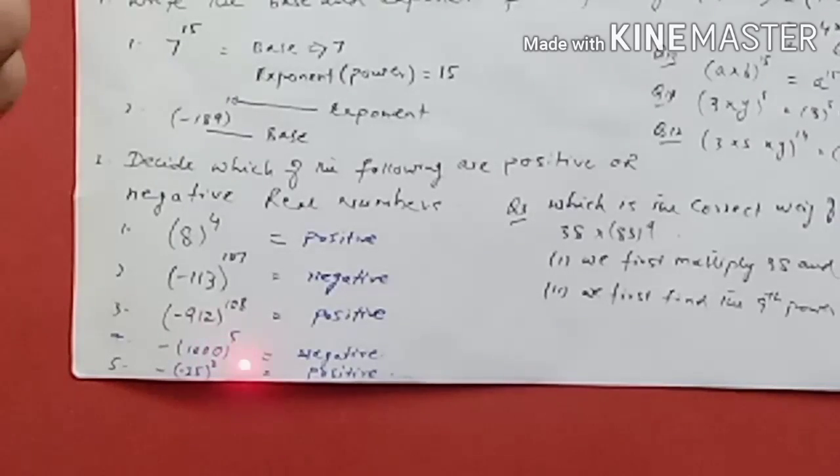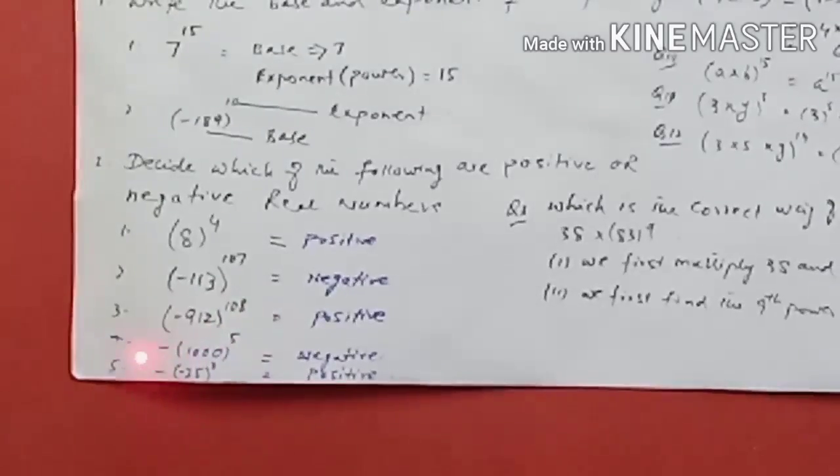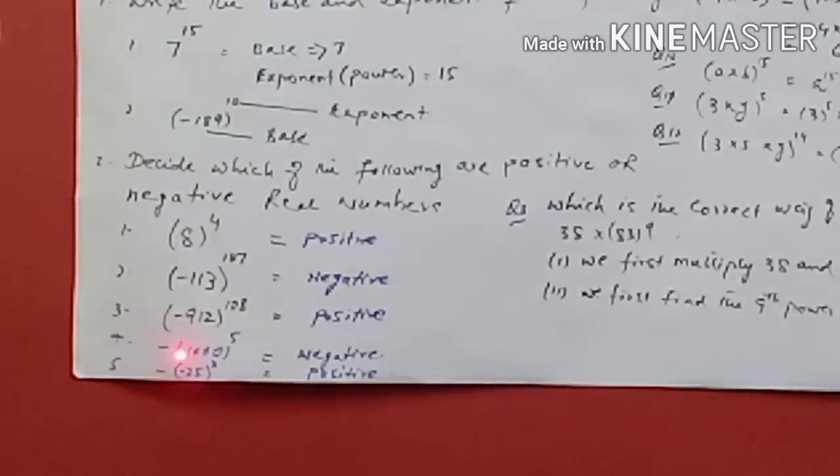It contains the odd power, so it gives a positive answer, but it is multiplied by the external negative sign, so the answer is negative.